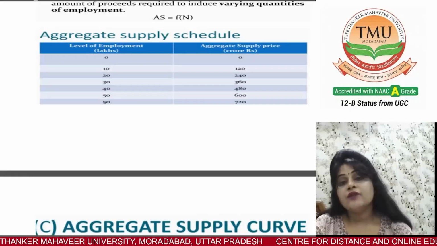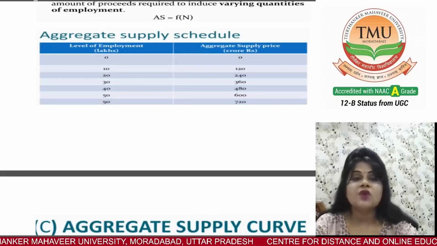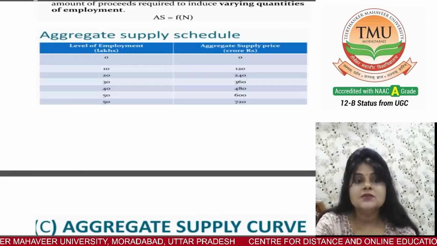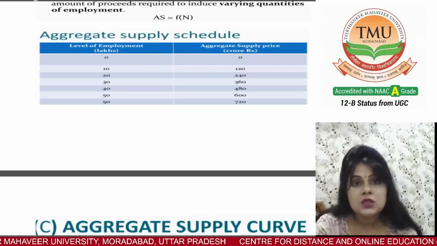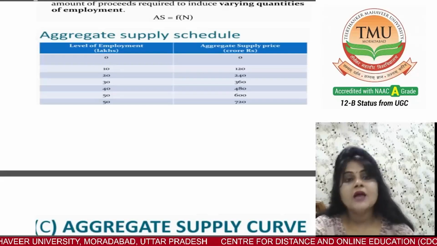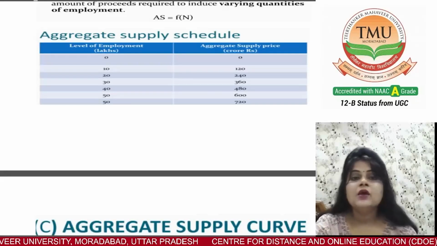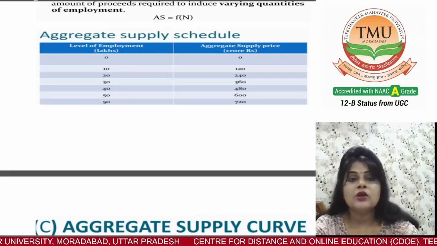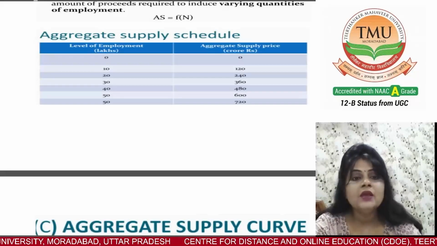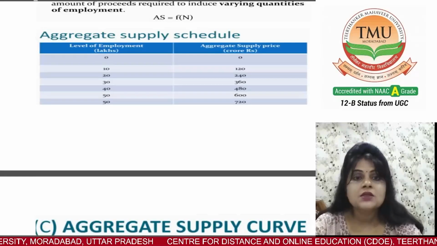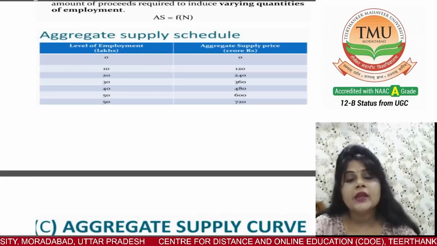The various aggregate supply prices at different levels of employment are called the aggregate supply price schedule, or aggregate supply function.